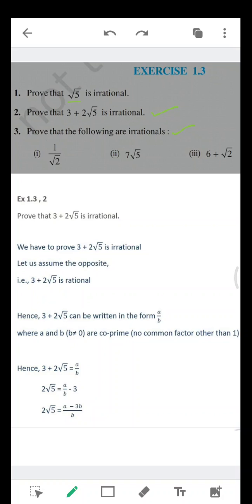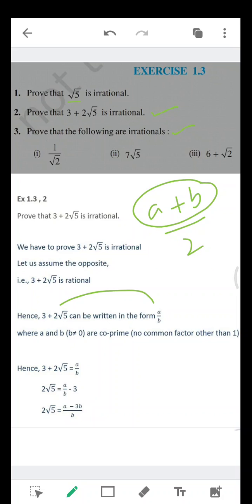I said every rational number can be written in the form a by b, where a and b are some integers. However I get a and b, like if I take a plus b by 2, this is also a rational number, where a and b are some integers.